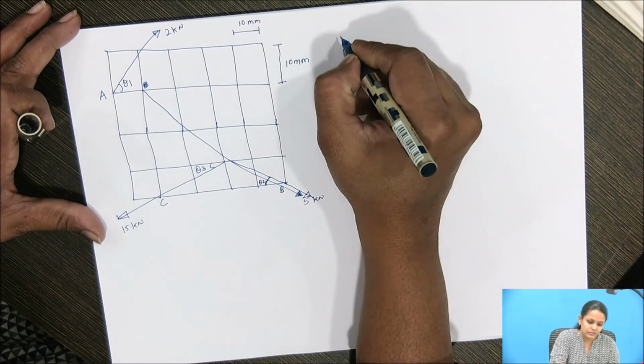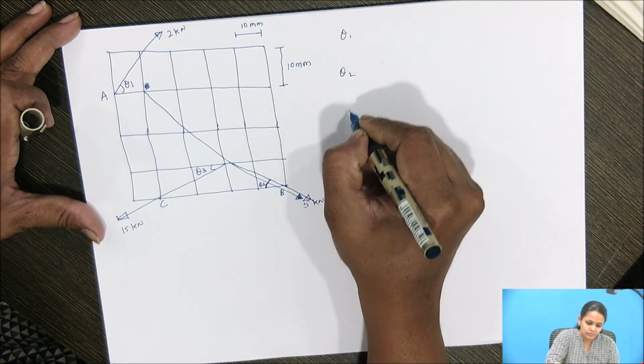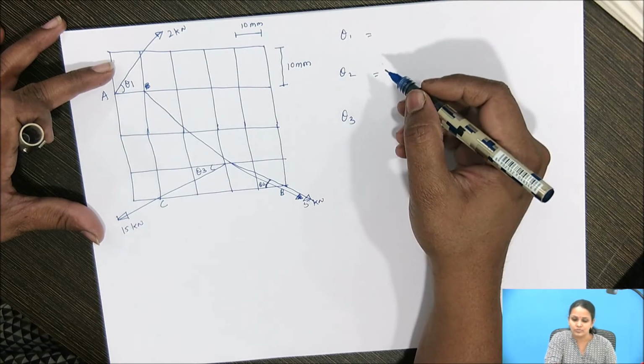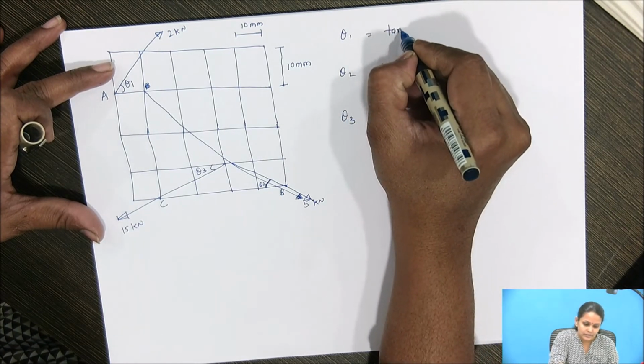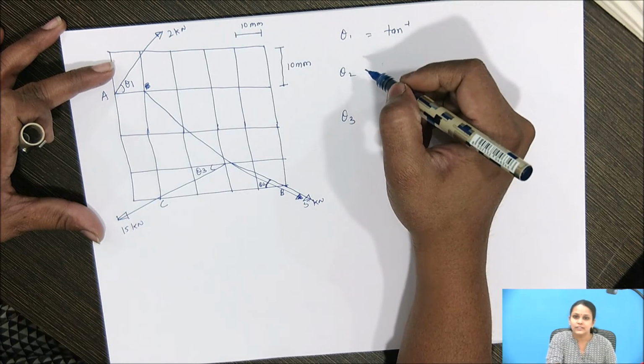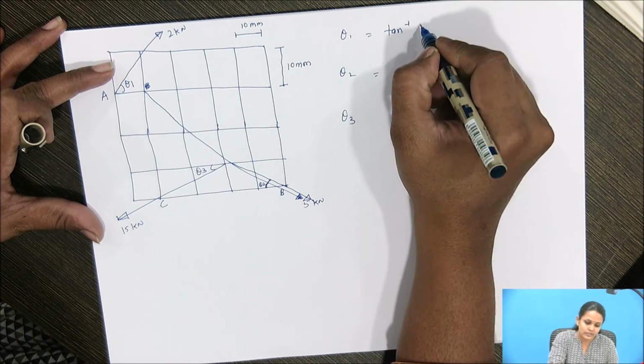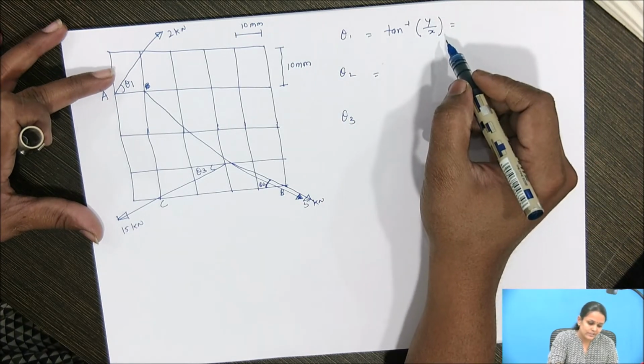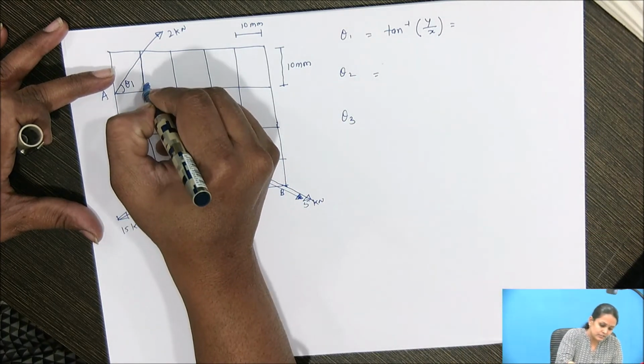Now how to find out this theta 1, theta 2 and theta 3? Here we have to consider trigonometry. So tan theta is equal to y by x, so here it is tan inverse of y by x. Here you will get the y distance if I consider this triangle.